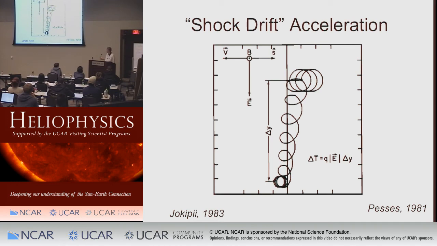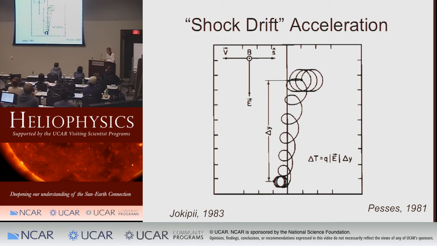Because we did the one-dimensional problem, it didn't make any difference. The drift term dropped out. But the drift term was recognized as a way in which shocks could accelerate particles. And only when Jokipii actually included the drift flux, which we put into the Parker equation a few slides ago, did he include this process also in the formalism of diffusive shock acceleration.